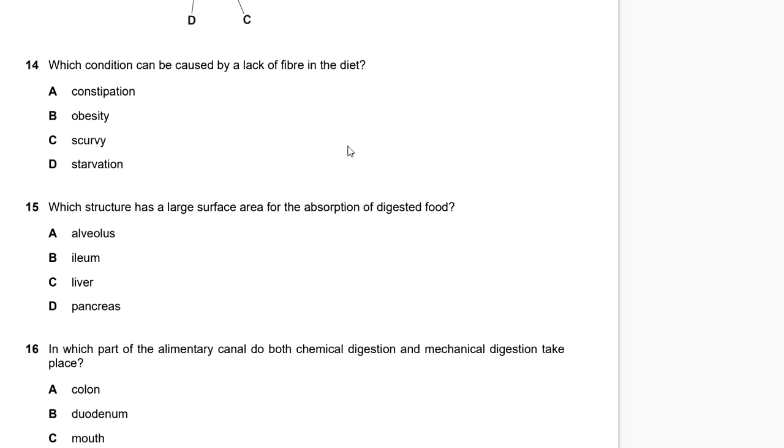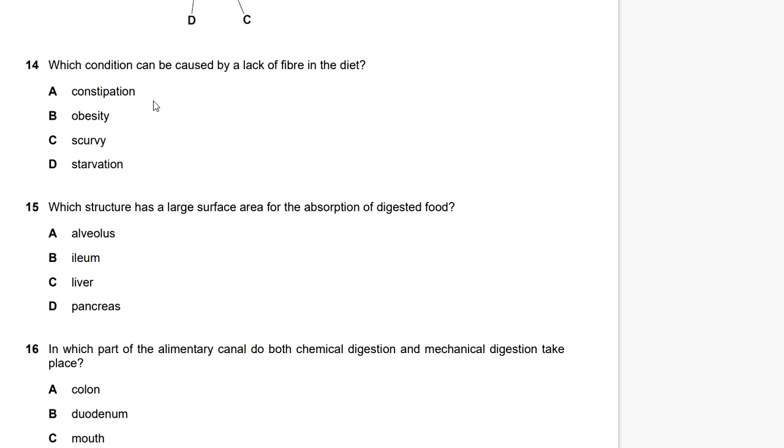Which condition can be caused by a lack of fiber in the diet? So fiber is found in green leafy vegetables. So if you lack this, you have the inability to have loose bowels.